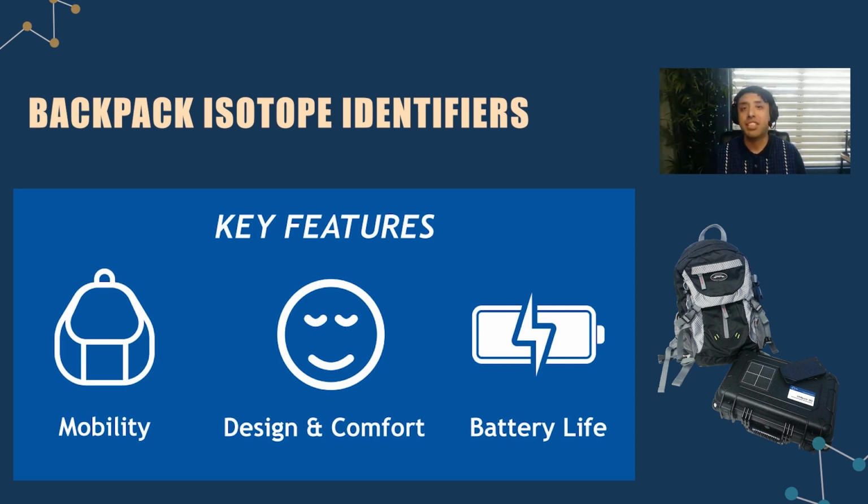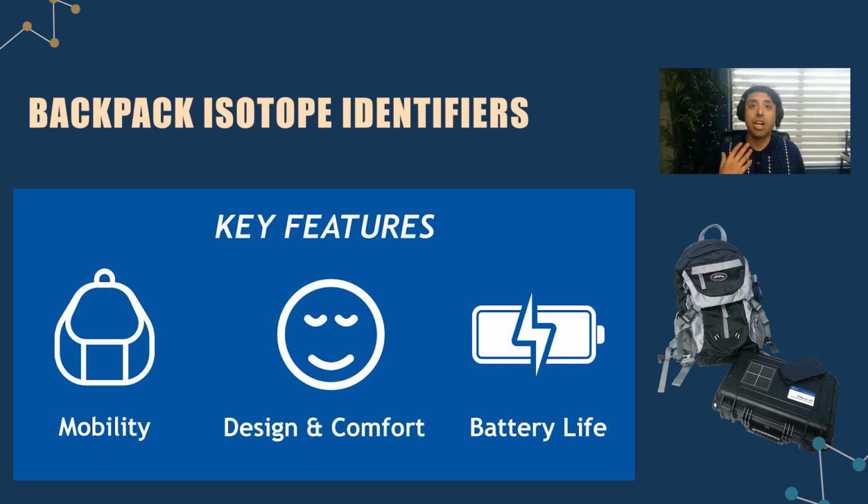The design and functionality of backpack isotope identifiers include ergonomics and durability. So they're built to be carried for extended periods of time. The devices are designed with comfort in mind, so they're suitable for long days and rugged field work. They're larger detectors, so increased sensitivity.